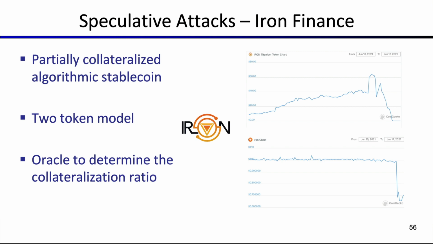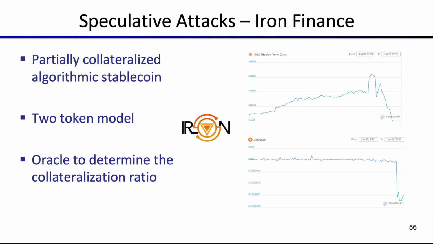And if the Iron stablecoin is worth more than $1, then anyone can mint Iron tokens for $1 worth of the USDC Titan combination. It's quite similar to the other algorithmic stablecoin Frax that we have looked at earlier. So this is in essence a partially collateralized stablecoin, right? It's quite similar to Frax, but it was attacked in a speculative attack.